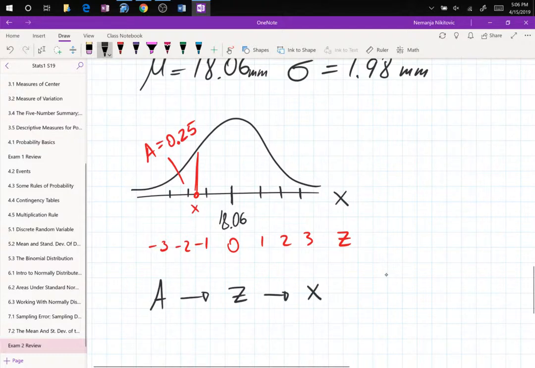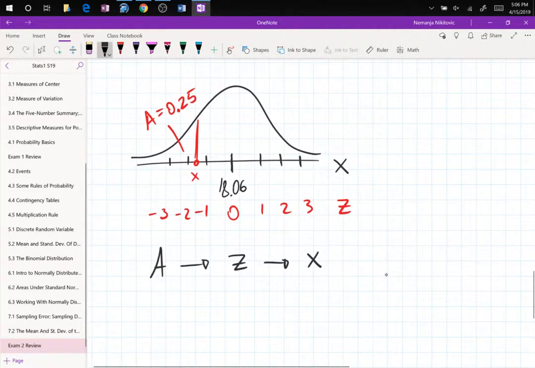So now we're going to go into the Z-score chart at the end, and I'm going to look at the chart and find the Z-score for 0.25. So now I know that area is 0.25. So what Z do I get for that?